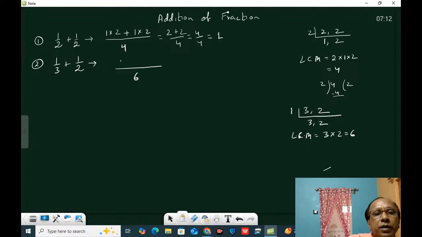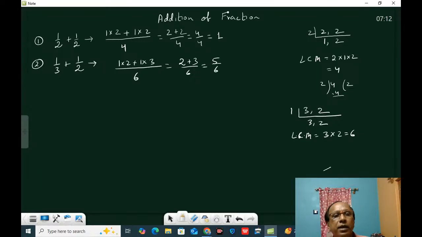You divide 6 by 3, we are getting 2, plus 1 into, divide 6 by 2, it is 3. That means we are getting 2 plus 3 by 6, so we are getting 5 by 6. That is our answer. In this way we add, and you also know how to subtract, it is the same thing.